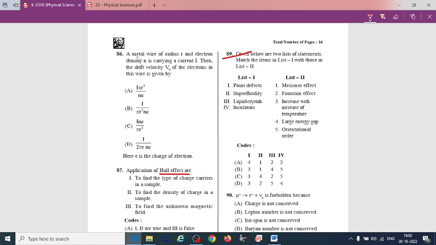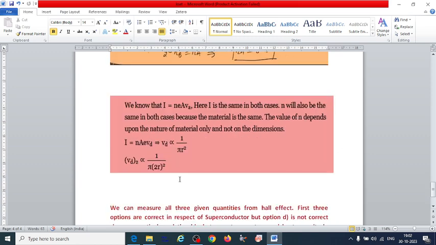So next question: a metal wire of radius r and electron density n is carrying a current I. Then the drift velocity of the electron in this wire is given by. If we read the question carefully, we can get the answer here. So we know that current is equal to n e A v.